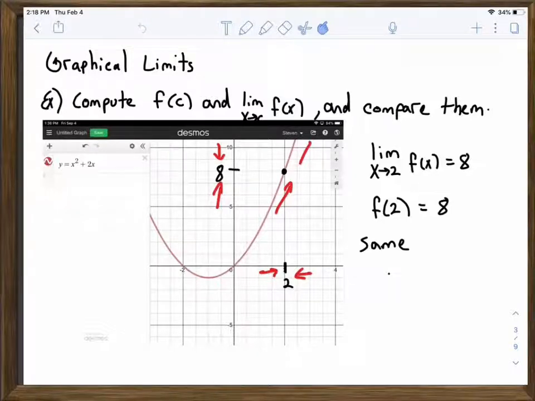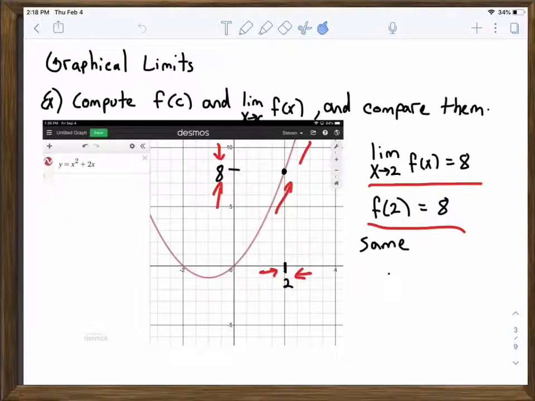Now, as far as what is the function value, well, if we go to x equals 2, right there, and we look up to the graph, we can see that it is also 8. So in this particular example, both the limit and the function value approach the same amount.